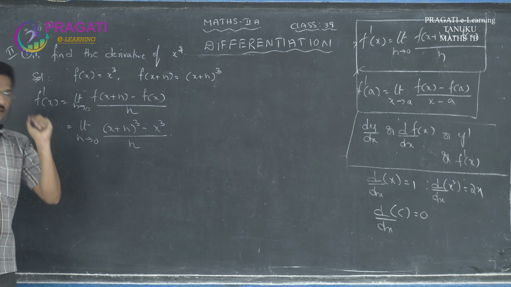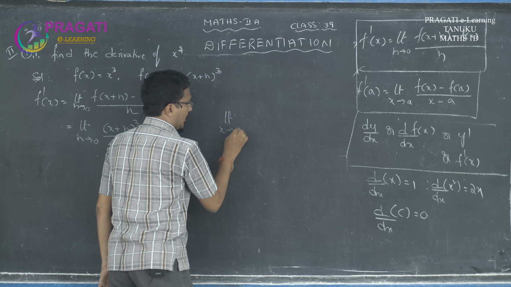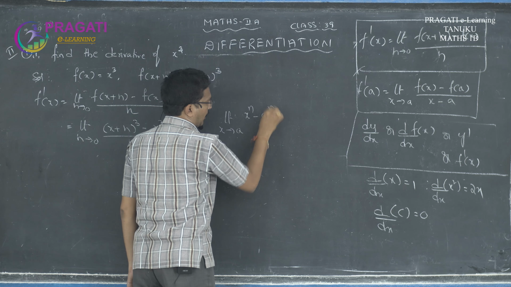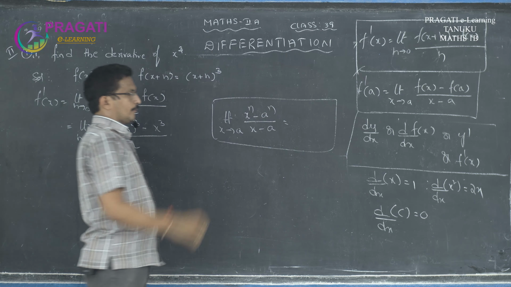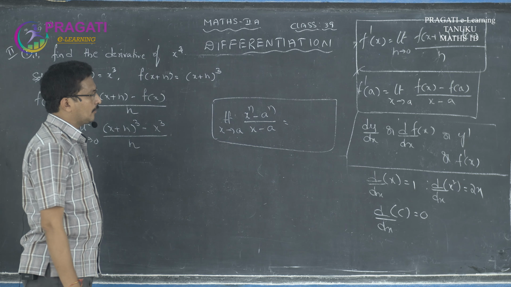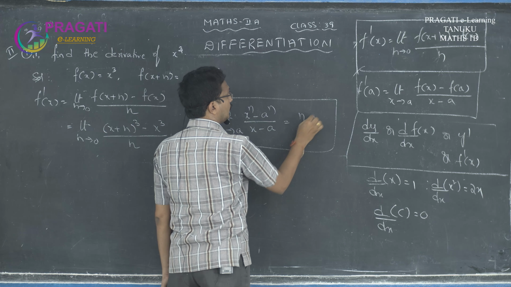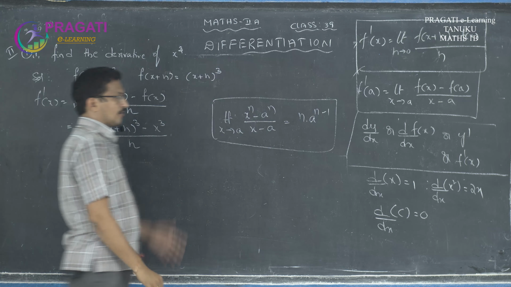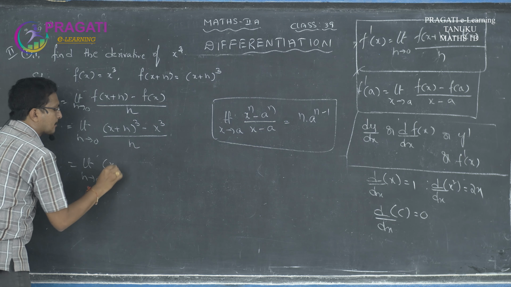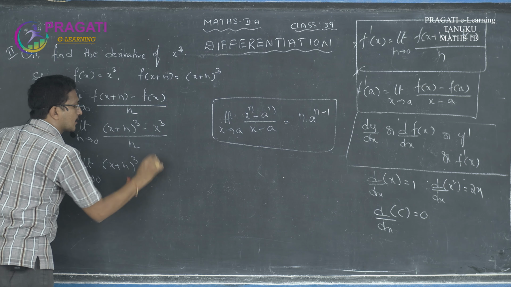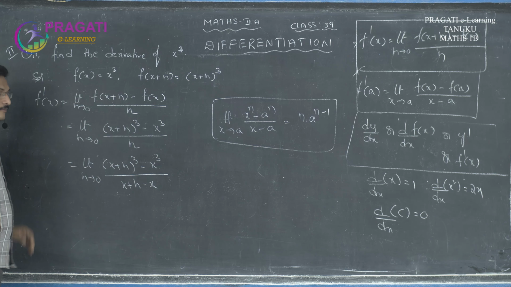Here there are two methods, we solve it. Here you know the formula, limit x tends to a, x power n minus a power n by x minus a. In the previous chapter on limits we discussed the sum, limit x tends to a, x power n minus a power n by x minus a is equal to n into a power n minus 1. Here we use the formula, here limit h tends to 0, x plus h whole cube minus x cube by, here add and subtract x.